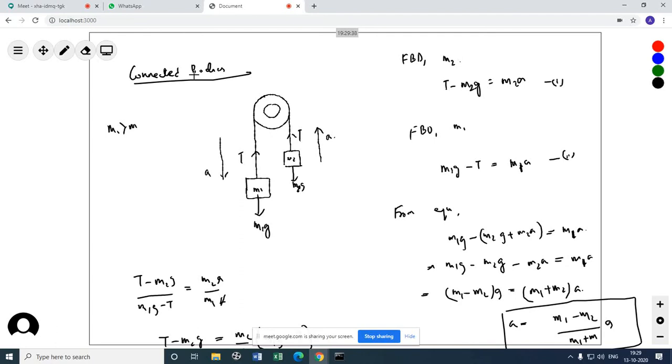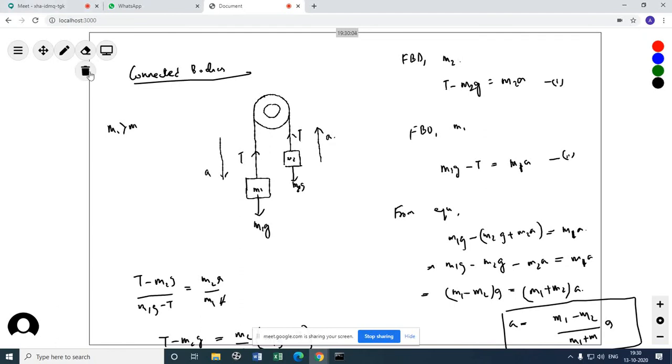I will first do friction with you. Then the last topic will be our free body diagram with all kinds of connected bodies, with friction and without friction. Otherwise it would be double work. Understand? Yes, sir. So let me end this and come to friction.